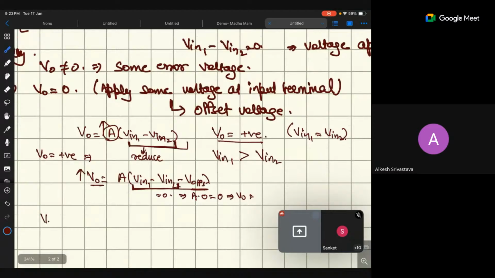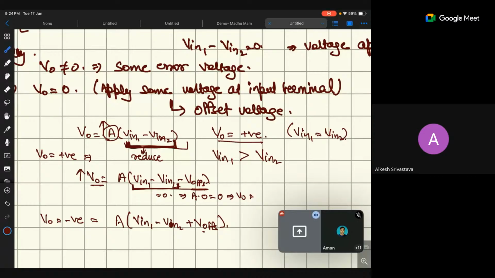And if V out is negative, what do we do? That means this particular value is already negative. So to compensate it to 0, we have to add something: V in 1 minus V in 2 plus V offset.